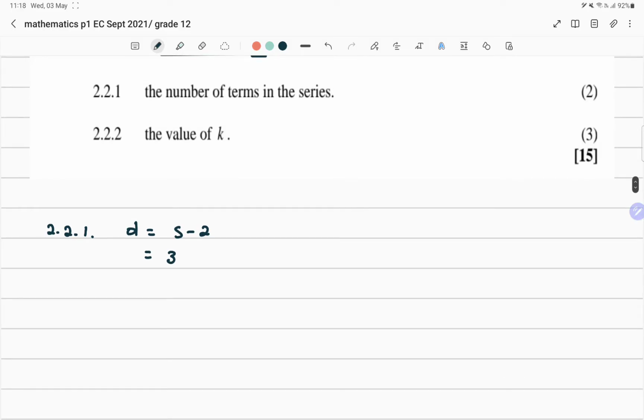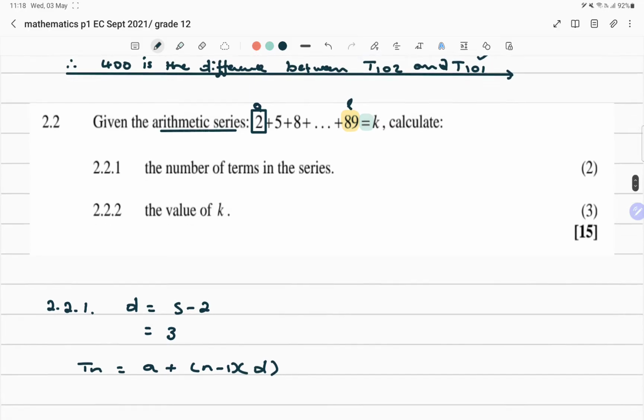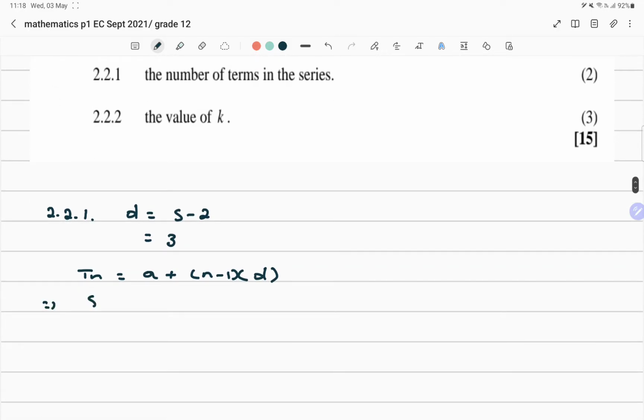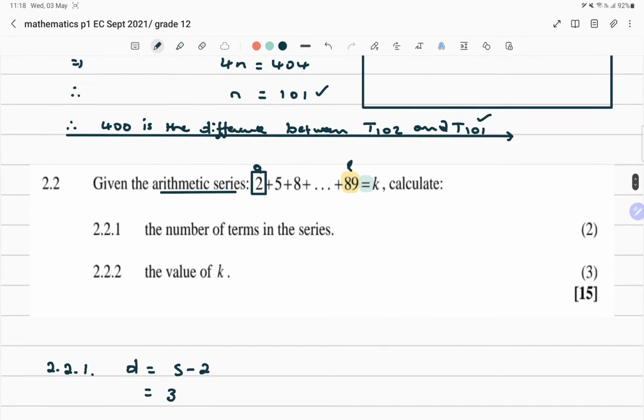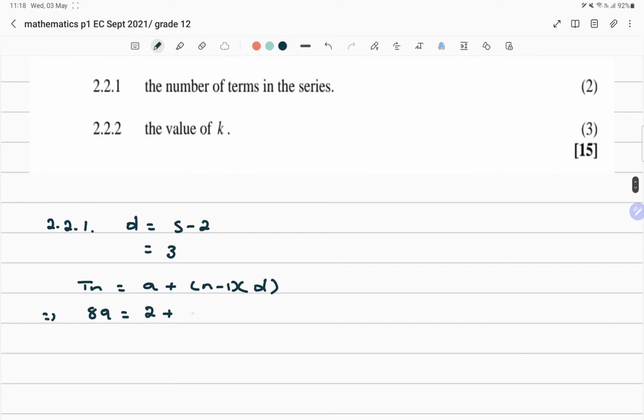You are grade 12. Then we know that Tn is equal to a plus n minus 1 into d. Now we know that the last term is 89. The first term was 2, plus n minus 1, and the common difference is 3.